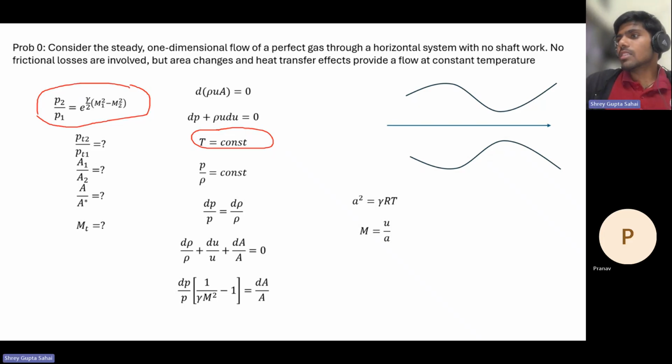Fine. One more thing that we can do is, let's see, why are we getting stuck? Let's try to understand that. What all formulas have we used? I'll just highlight what all equations we have used yet. We have used this one, and then we have used T equals constant, which I'll mark with a different color.